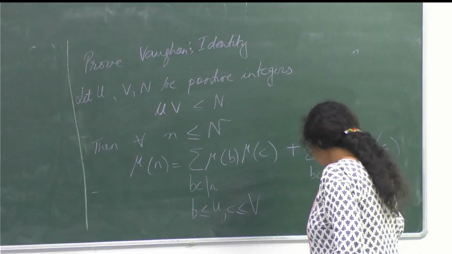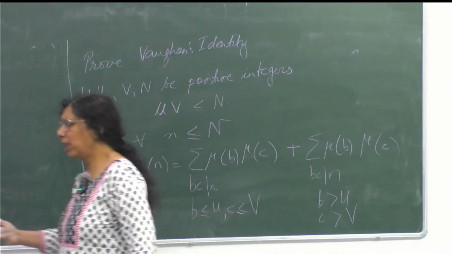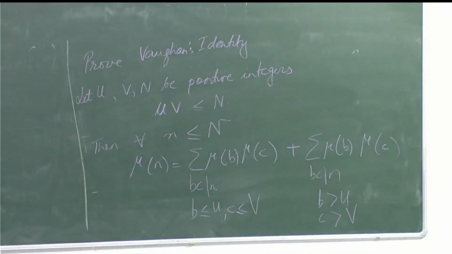So the combination of b and c with these criteria will give you four possibilities. Maybe you can write it as these four possibilities.